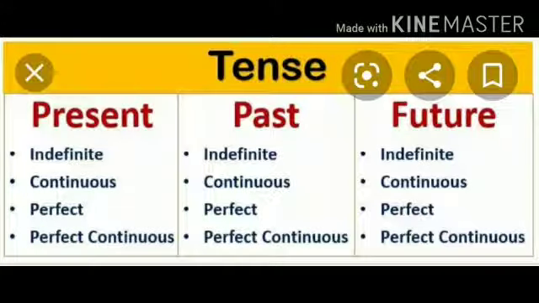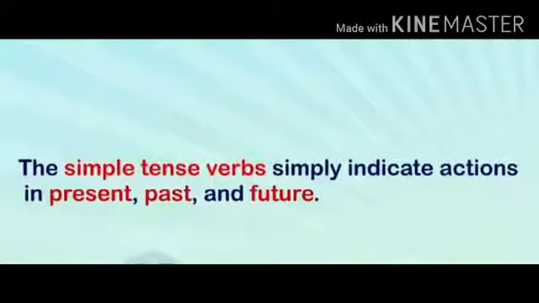Now, basically these three tenses are further divided into four parts, that is indefinite tense of present, past and future, continuous tense of present, past and future, perfect tense of present, past and future, and finally the perfect continuous tense of present, past and future.